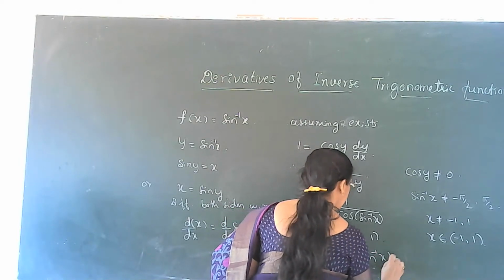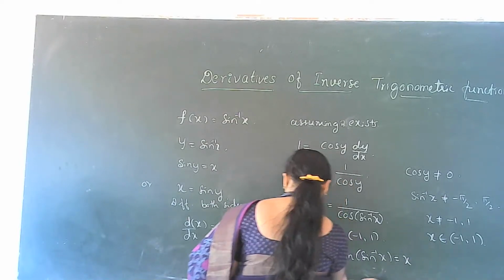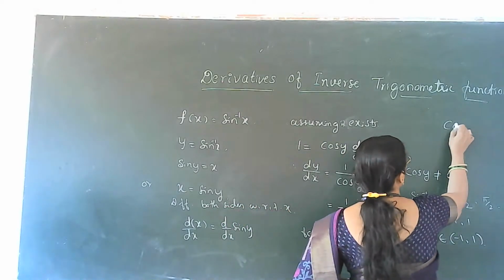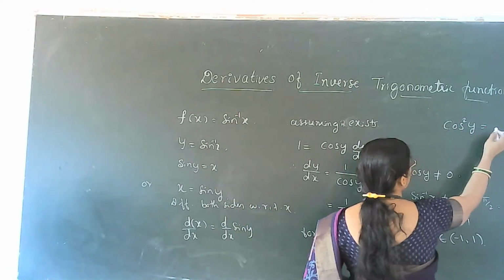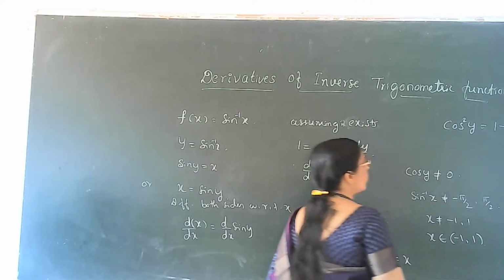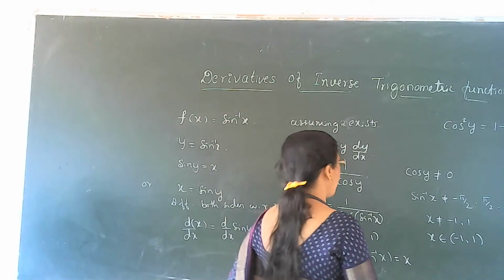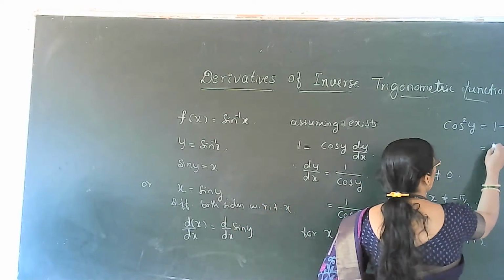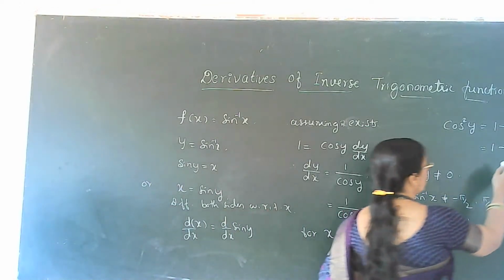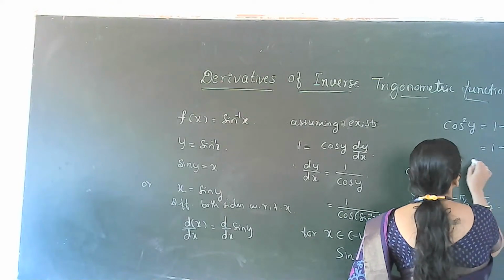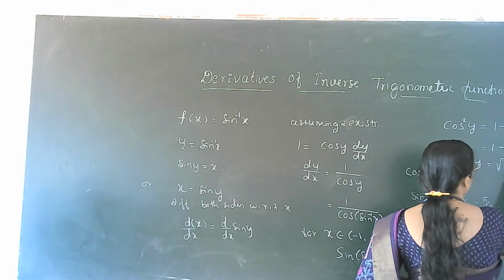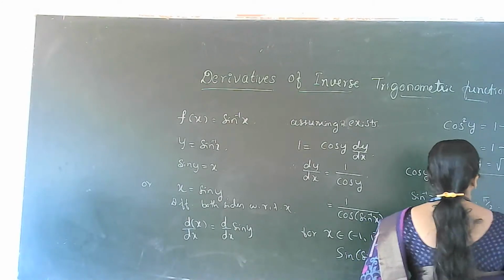sin y is equal to x. Then cos square y, we know, is equal to 1 minus sin square y, where sin y is equal to x. Therefore, it is equal to 1 minus x square. Therefore, cos y is equal to square root of 1 minus x square.